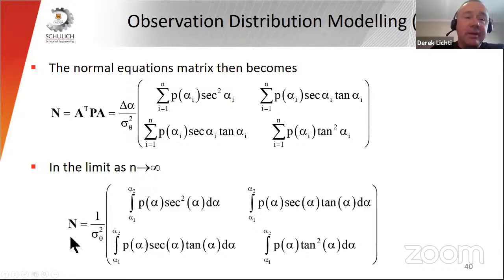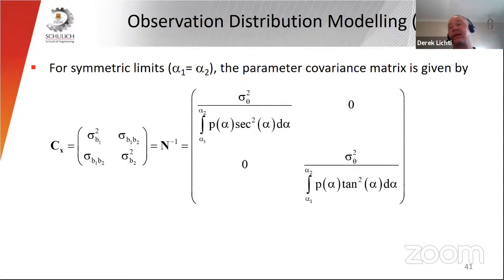What's of most interest to us is the inverse of this matrix N, because that is the covariance matrix of the parameters that tells us the precision of B1 and B2, the collimation and trunnion axis errors, these important errors. And we see that in this case, they are a function of the variance of the observations and this weighting here.